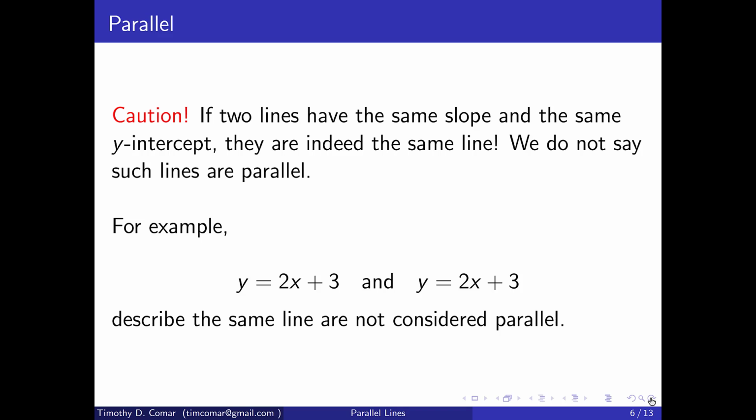If two lines have the same slope and the same y-intercept, they are indeed the same line. We do not say that such lines are parallel. For example, if we have the line y equals 2x plus 3 and the line y equals 2x plus 3, they describe the same line and are not considered parallel.